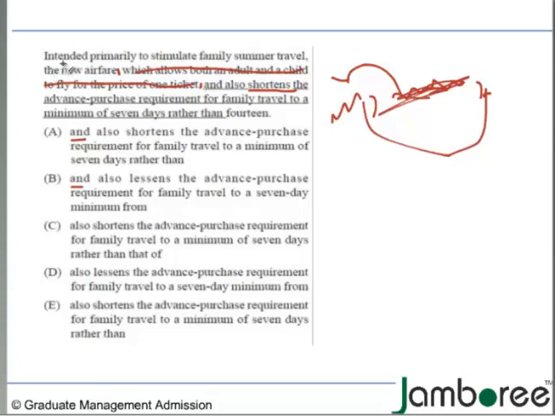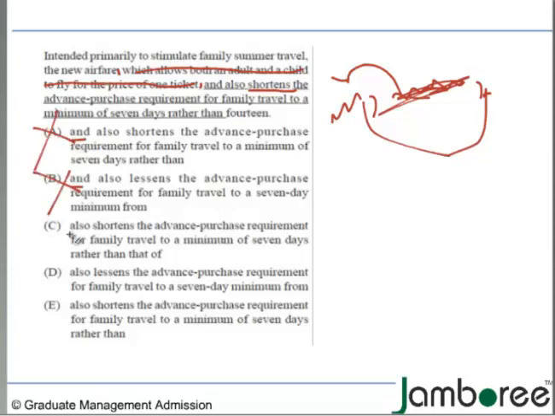So I just read, intended primarily to stimulate family summer travel, the new airfare. Okay, the new airfare, what? The new airfare and, in case we need the and, from new airfare I'm jumping to and. The new airfare and also shortens now does not make sense, right? So in this case we don't need the portions with and.